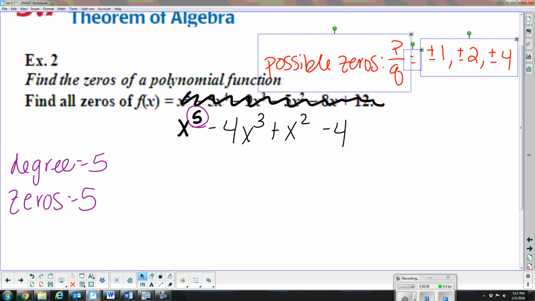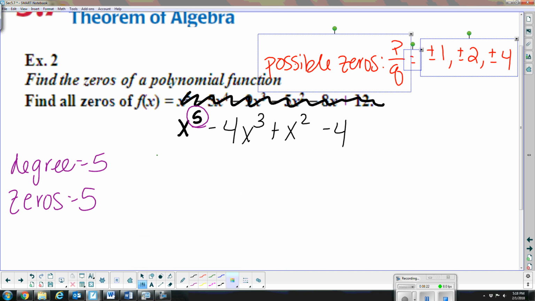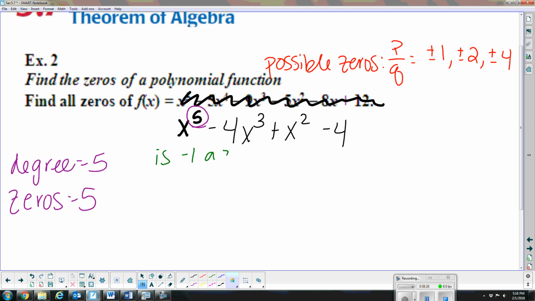So I'm going to start by testing -1. So is x plus 1 a factor? That's what I'm going to test first. So is -1 a 0?